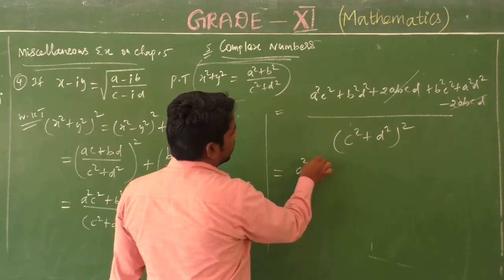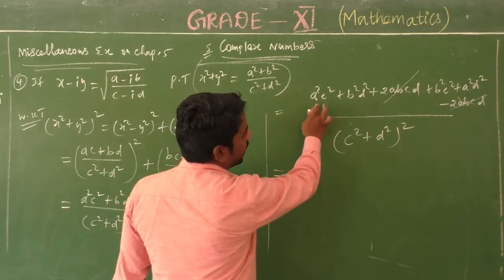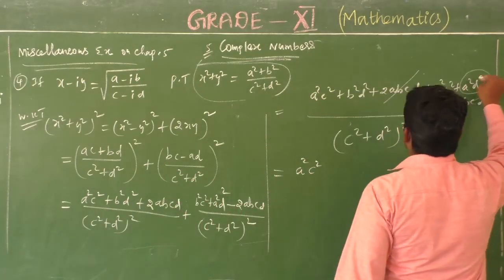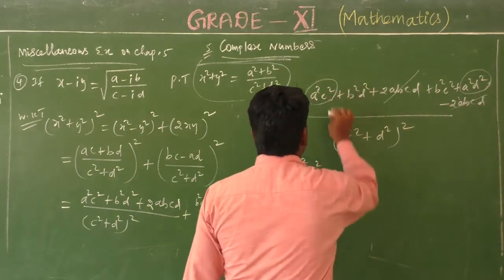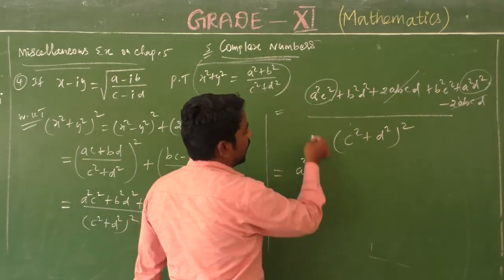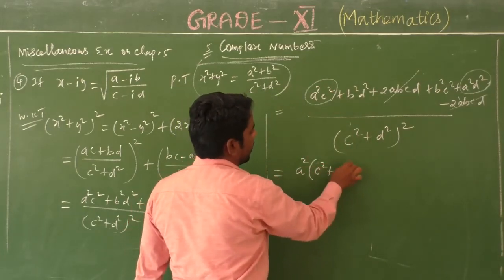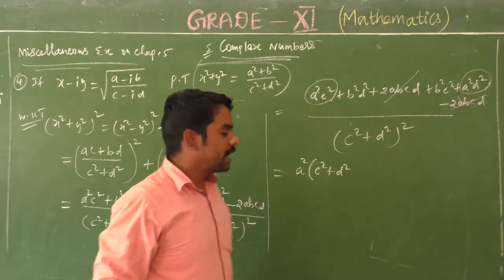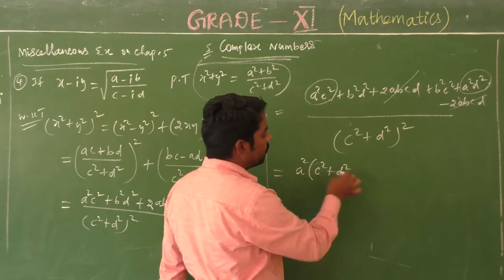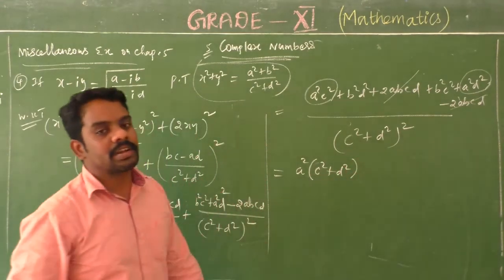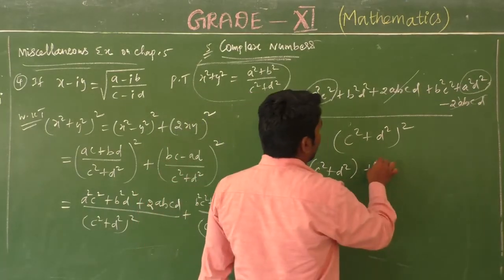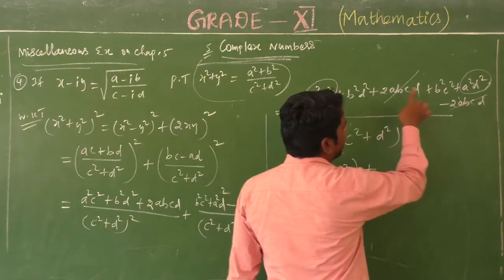a square c square and a square d square. Take a square as common, so a square of (c square plus d square). Plus another two terms b square d square and b square c square.